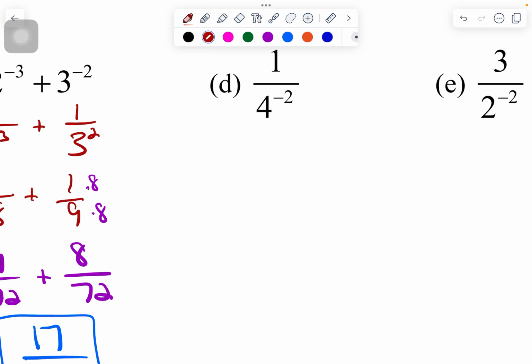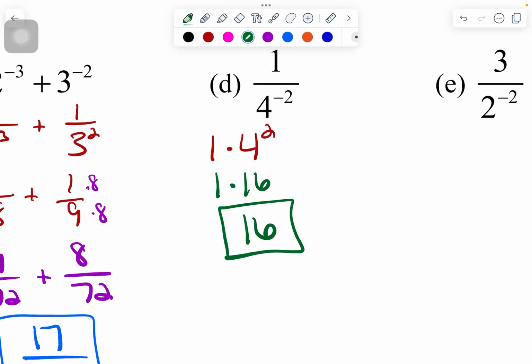So this is going to be 1 times 4 to the positive 2 power. So 1 times 4 squared is 16. 1 times 16 is simply 16. Anything that has a negative exponent has to move. If you don't have a negative exponent, it just stays where it is. So the 1 here just stays the 1 there. The 4 moves up as a multiplication problem.